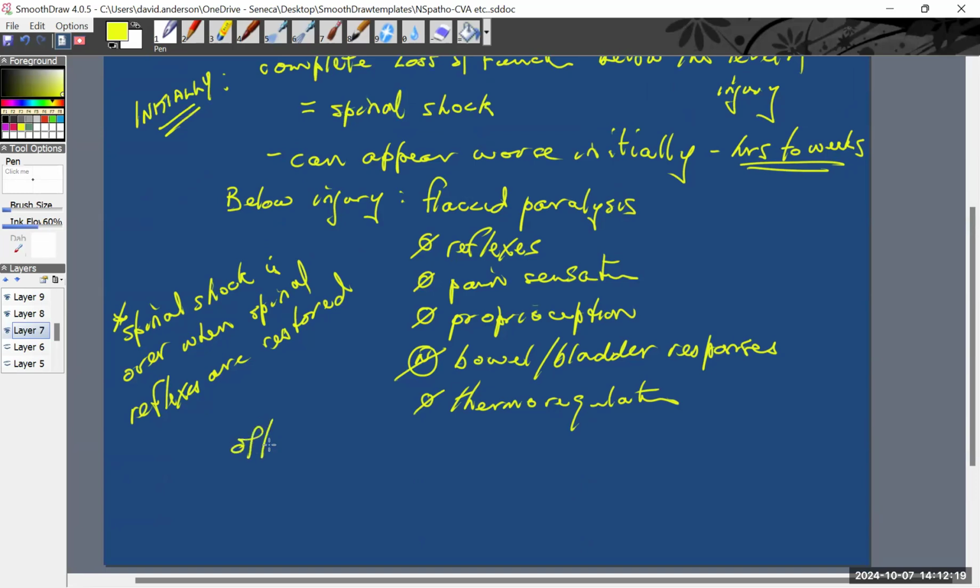You're often going to see spastic paraplegia or quadriplegia.